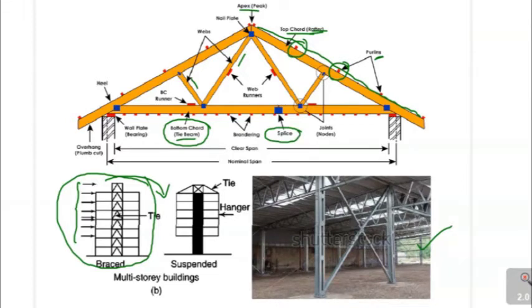See, the purpose of this splice plate is simple. From this support, this tie beam has to extend. But sometimes the members available with us can be smaller in size.